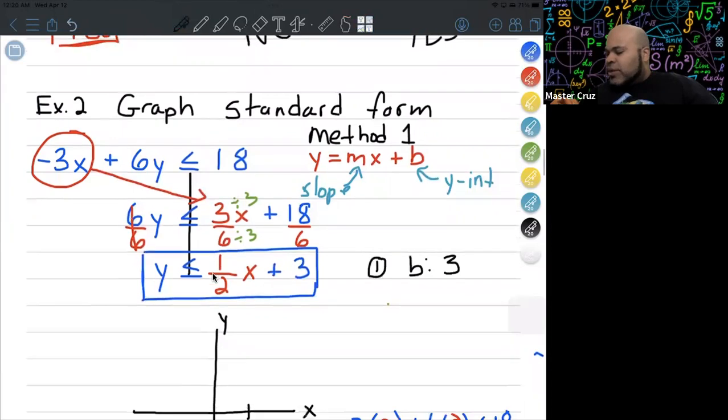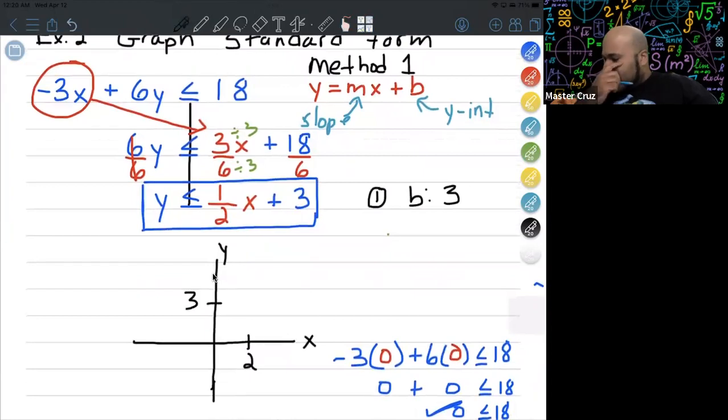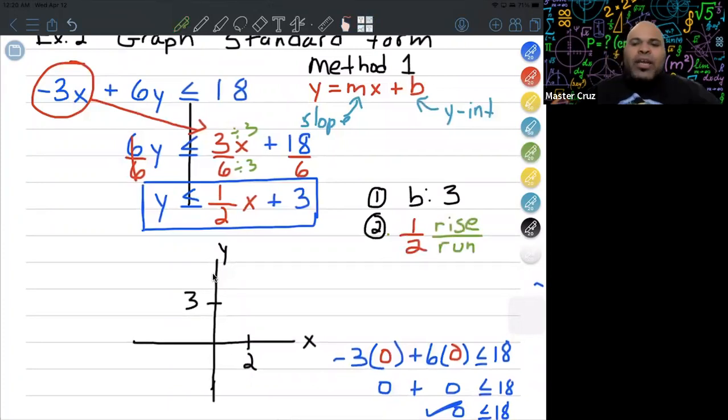So then I'm going to go to my graph, and I'm going to plot positive 3 over here on my y-intercept. And then I have a slope, and the slope is 1/2. Remember that when I'm graphing, slope is rise over run. So if the slope is negative, I'm going to move down. If the slope is positive, I'm going to move up. But I always move to the right.